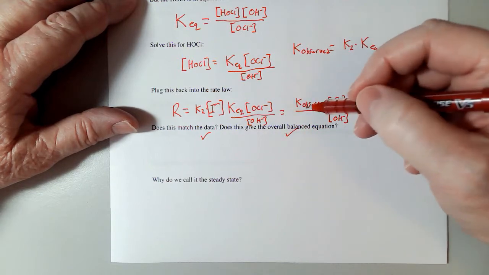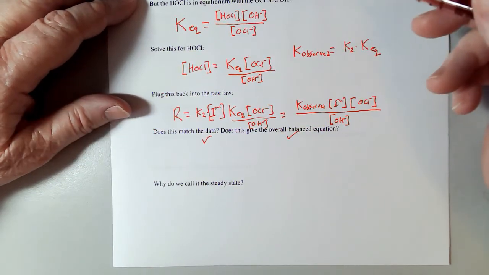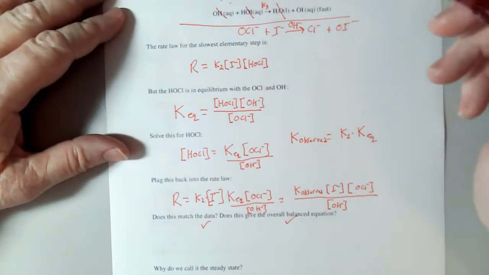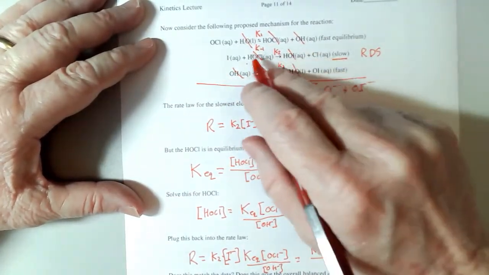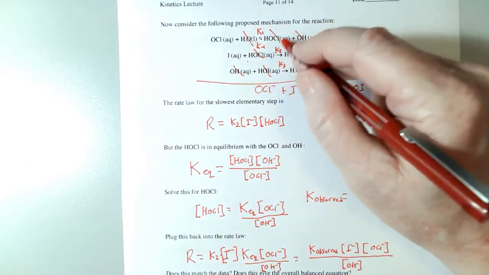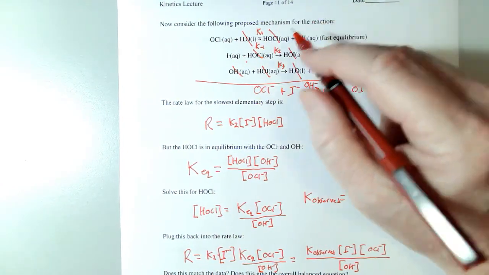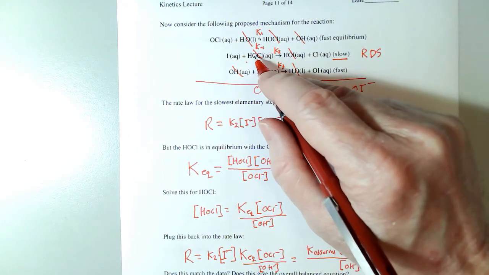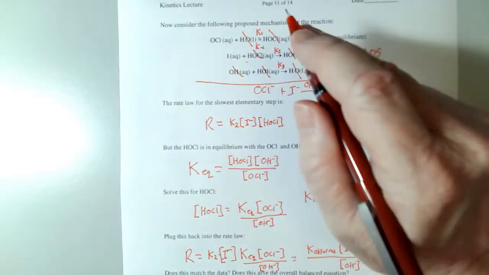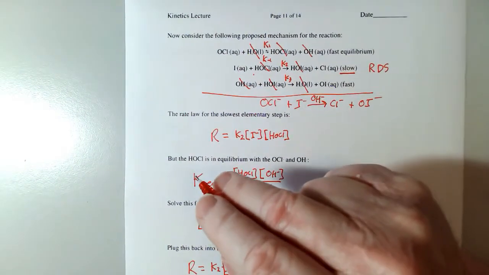And this substitution gets called the steady state approximation. Why? Well, what we're going to assume is that since this happens so fast, as soon as the HOCl's form, they could react here. And if I react one away, before I even notice it, this fast equilibrium has generated another one.